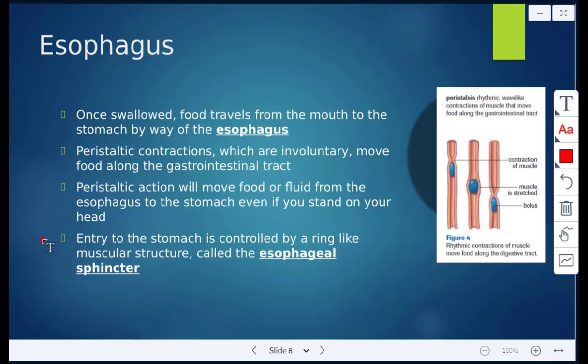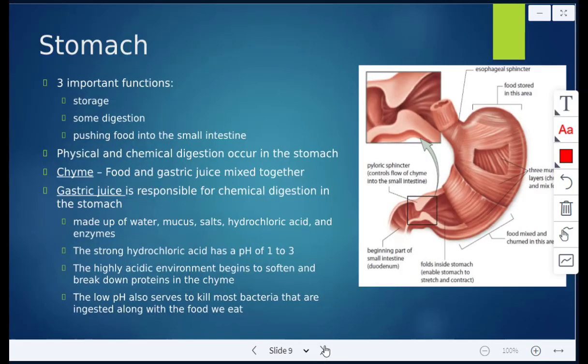Entry to the stomach is controlled by a ring-like muscular structure. It's called the esophageal sphincter. All right, so here is the stomach, and up here we can see the esophageal sphincter. So there would have been a tube linked to this. That would have been the esophagus.